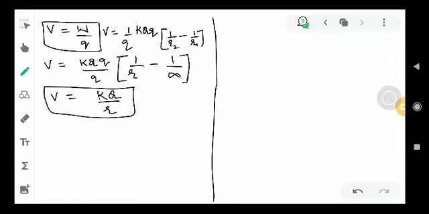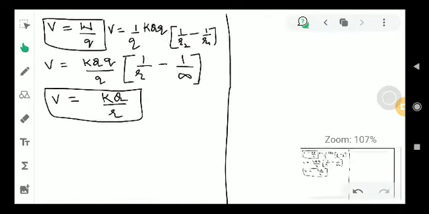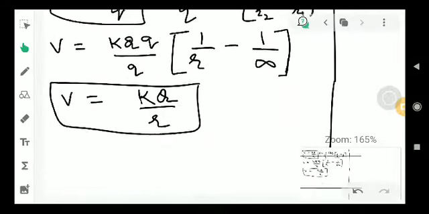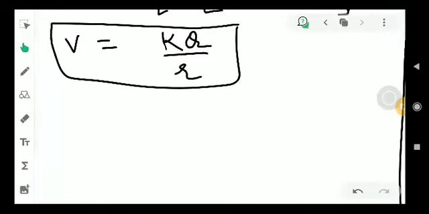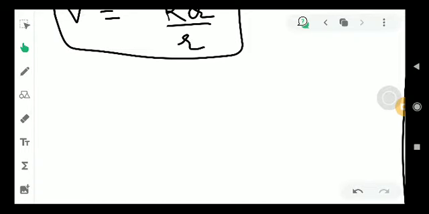Now I want to tell you that electric potential is a scalar quantity, and for a positive charge the potential will be positive, and for a negative charge the potential will be negative. Suppose I have a positive charge Q and I want to find the potential at point A, which is at a distance of r.